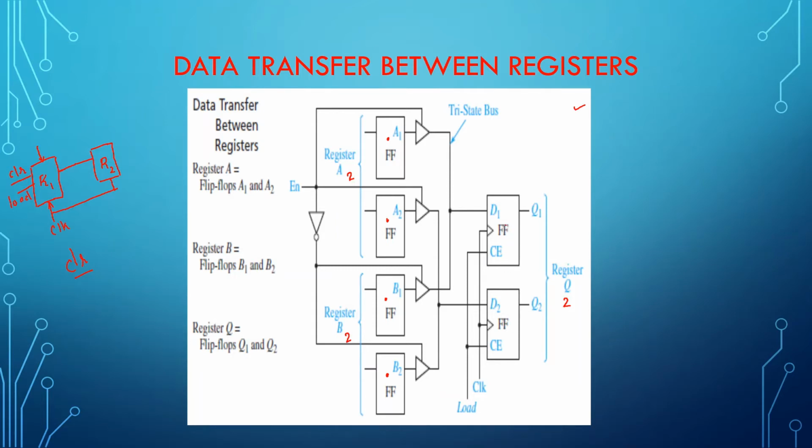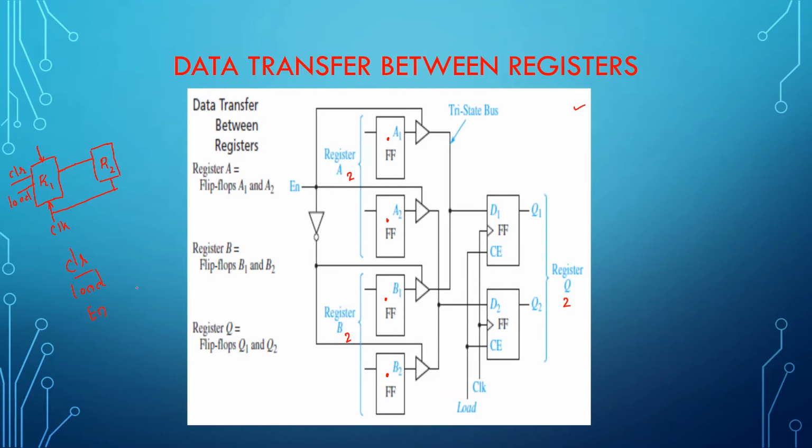After these two flip-flops are cleared, I'll be activating the load signal, because you want those registers to accept the data, right? So you'll be activating the load signal, which means that you have chip enabled, or enabled, this particular register. After these registers are enabled, you go back to the first set of registers and you will activate the enable pin.